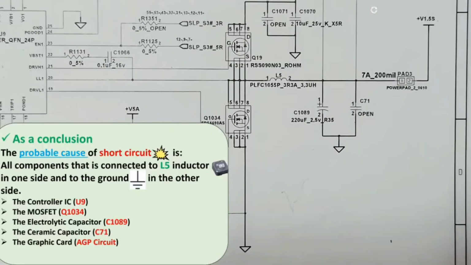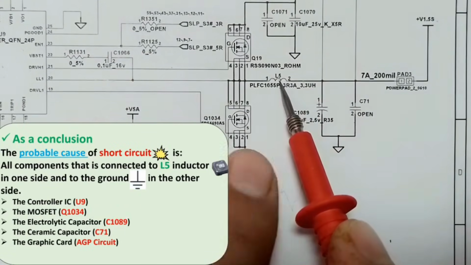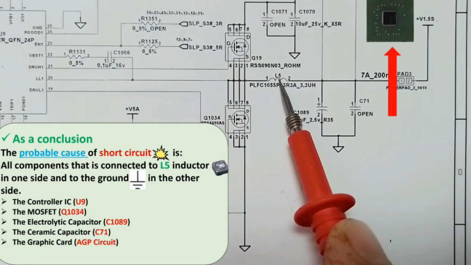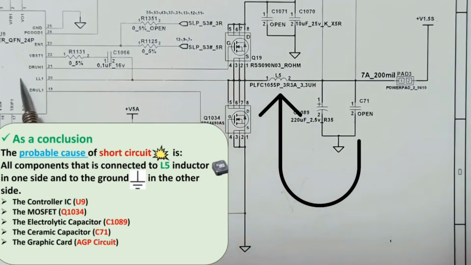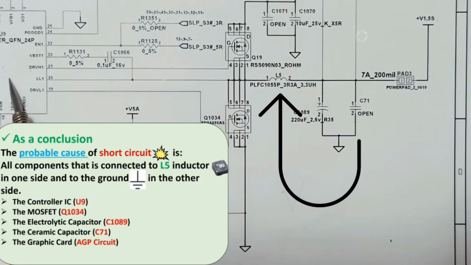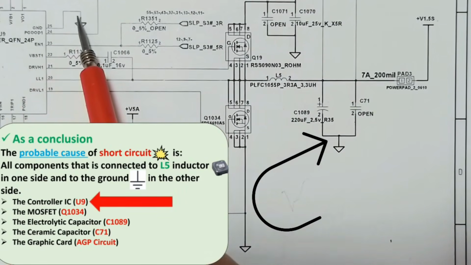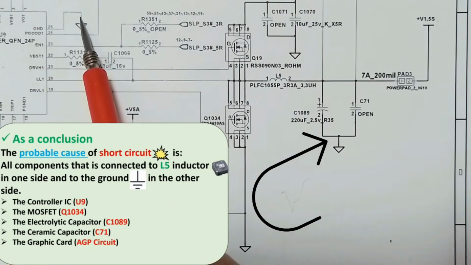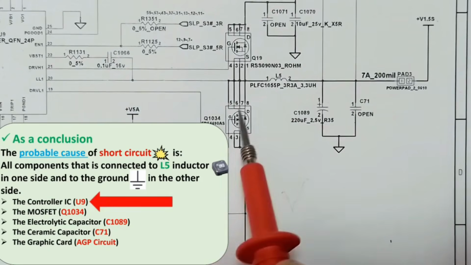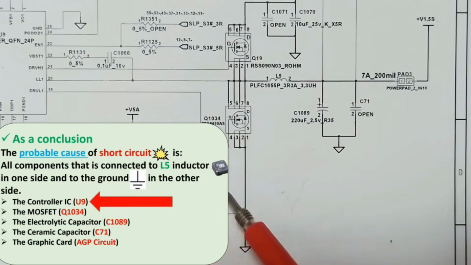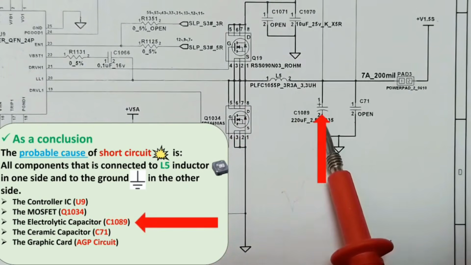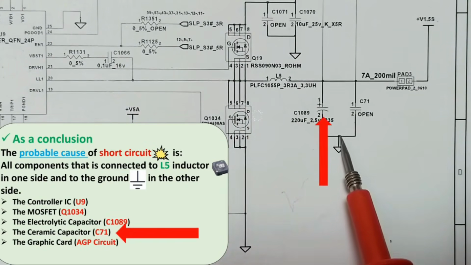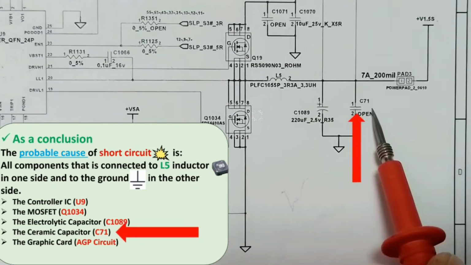So the probable causes of this short circuit are all components that are connected to the L5 inductor on one side and to the ground on the other side. Like this IC, for example. It is connected to the ground on one side and to L5 on the other. The MOSFET also, as you can see. And these two capacitors, C1089 and C71.